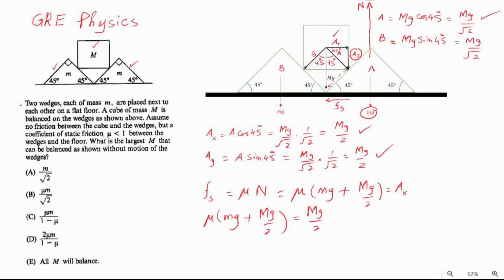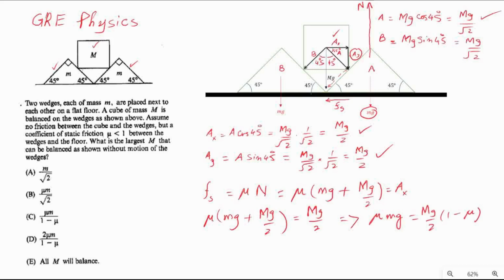Now from this equation, you can simplify this into mu mg equal to, bring that there and take Mg by 2 common, so you will get 1 minus mu.